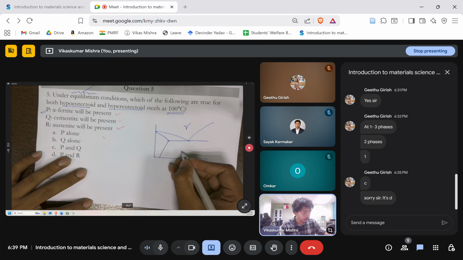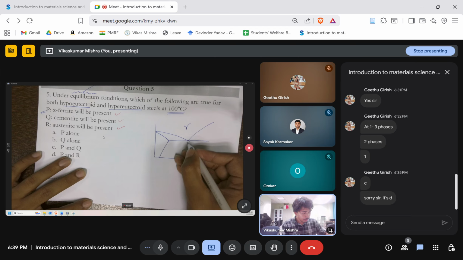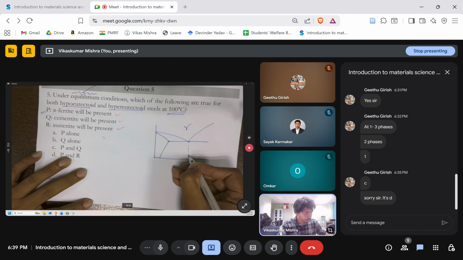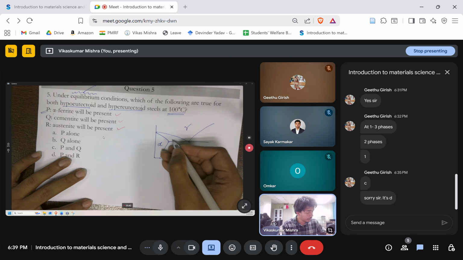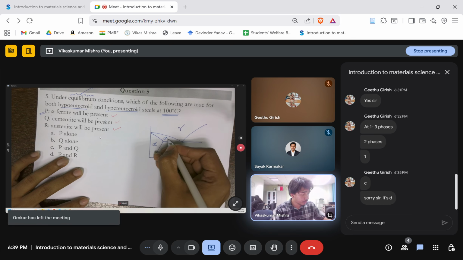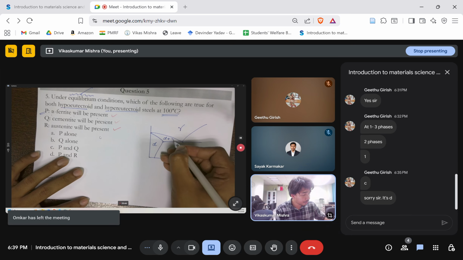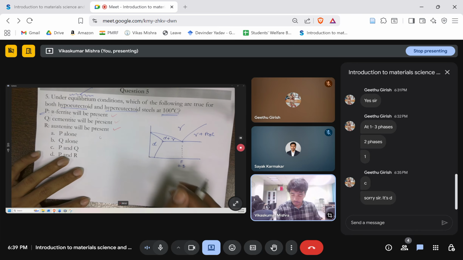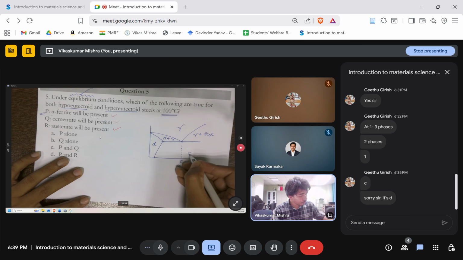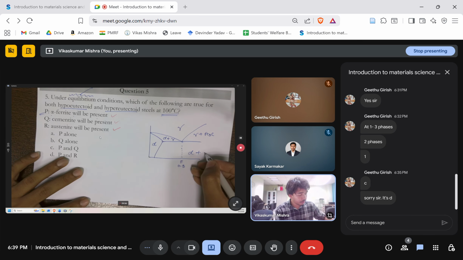Austenite is transforming to the, this is the eutectoid composition, that is 0.8. Here we have the alpha ferrite. Here we have alpha and gamma. Here we have gamma and Fe3C. And at the bottom, what we have is ferrite and cementite.